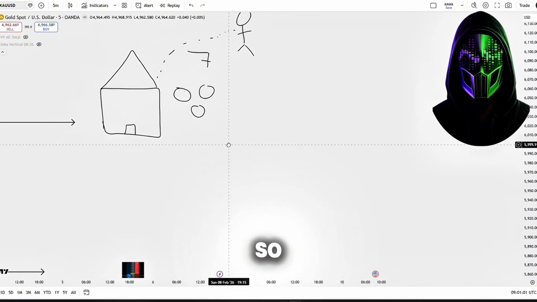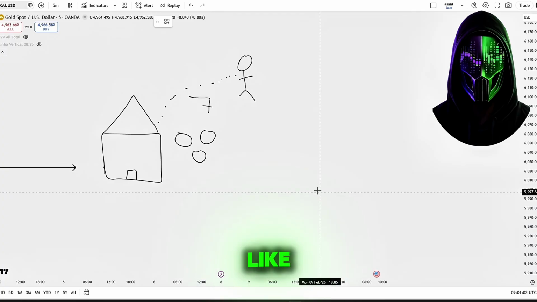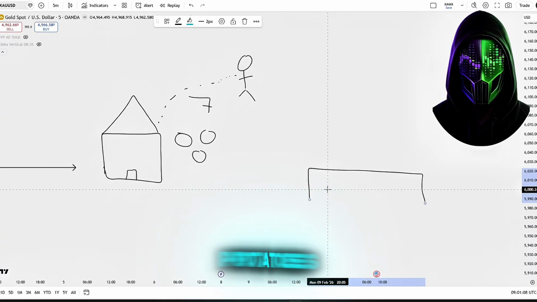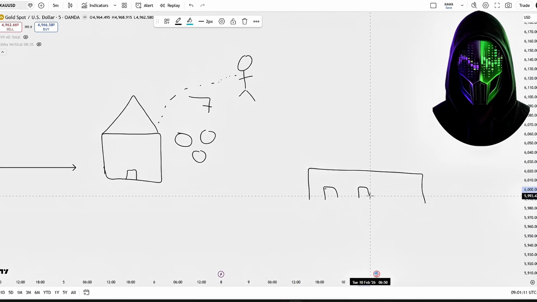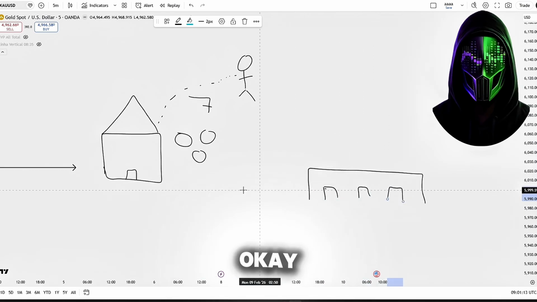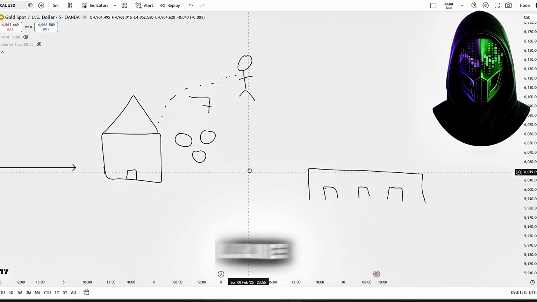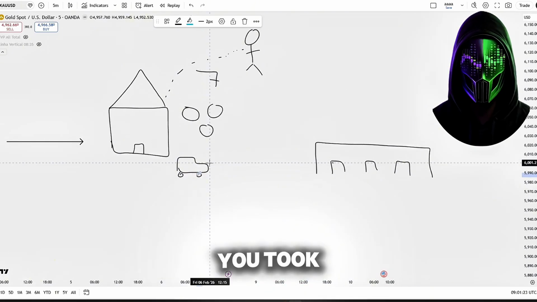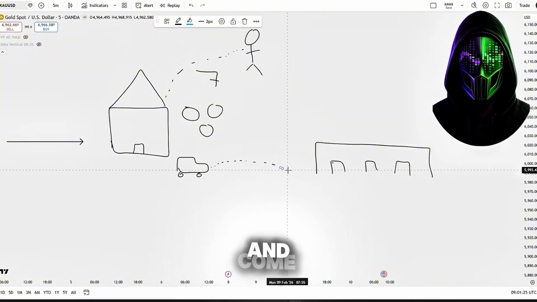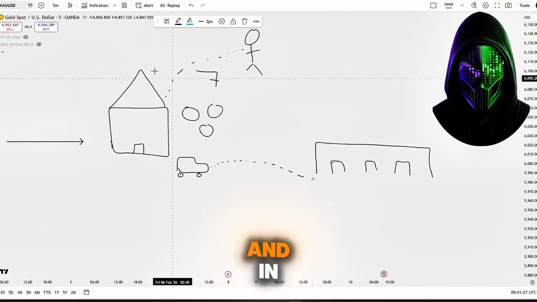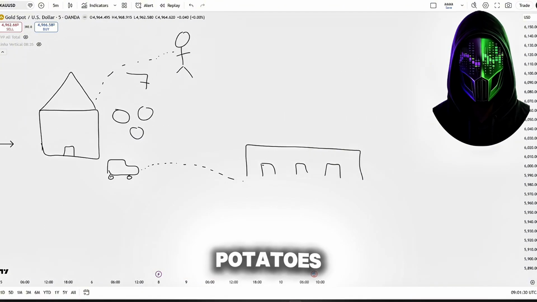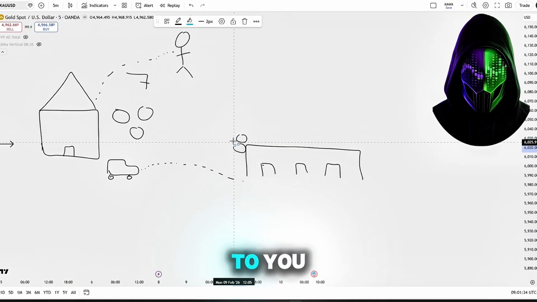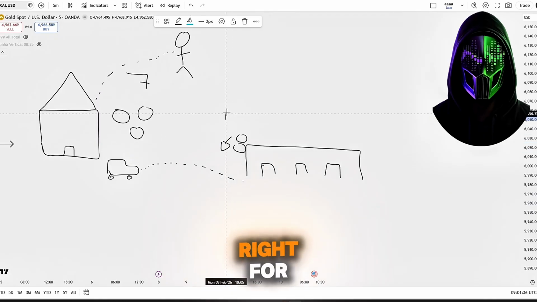Pretty obvious. So what you do, let's put here a producer of potatoes, a large farm or something like that. You have a van, so you take your van and come to this place, and the producer of potatoes sells the potatoes to you for $2.